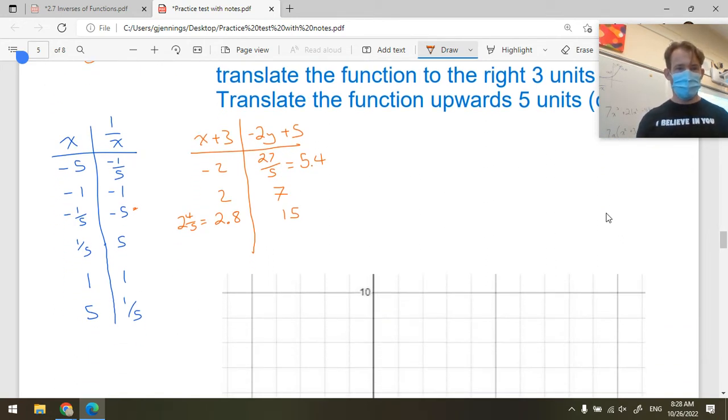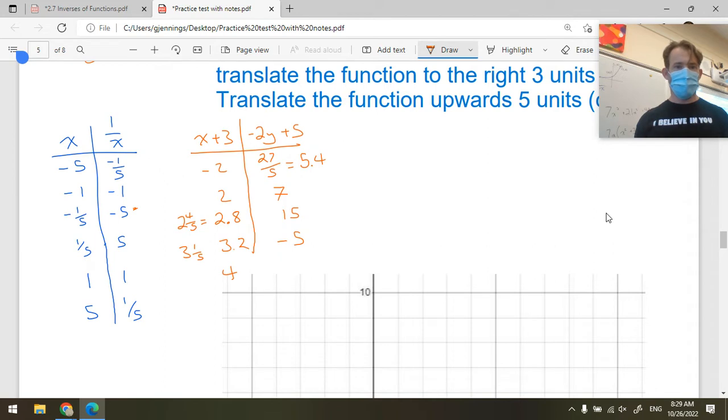Now let's do 1/5. So 1/5 plus 3, that's going to be 3.2. That's 3 and 1/5. And then here, -2y plus 5. So -2y, that's -10 plus 5 is -5. And then 1, well, that's going to be 4.